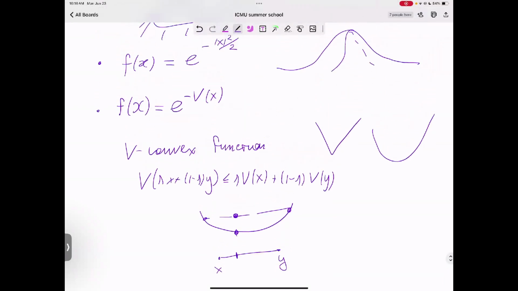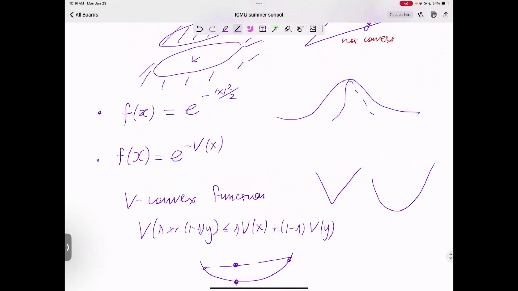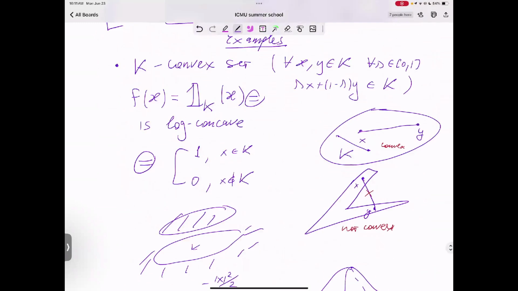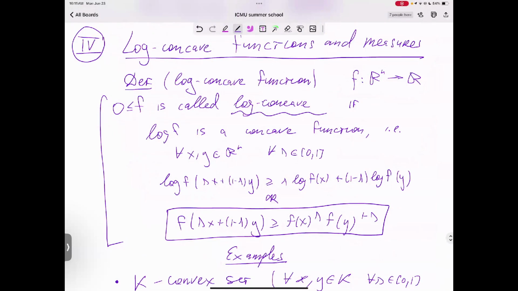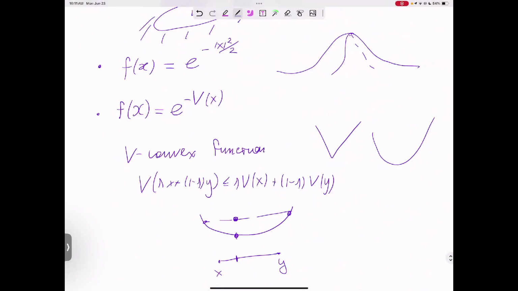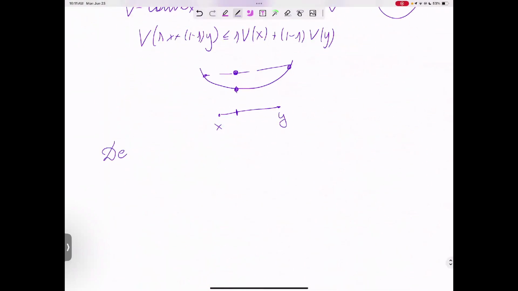That's what a convex function is. And e to the power minus v, e to the power minus a convex function, is a log-concave function. So that's the concept of a log-concave function. Any questions about this? Let me now formulate the definition of a log-concave measure.